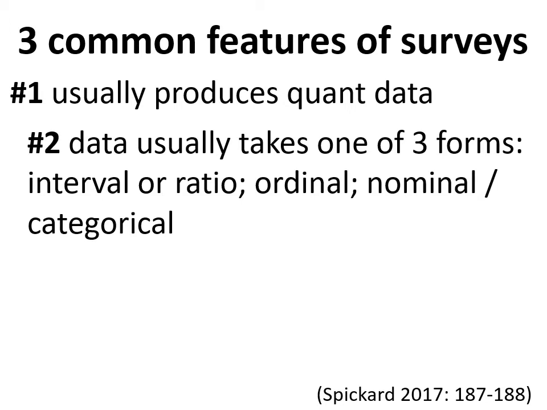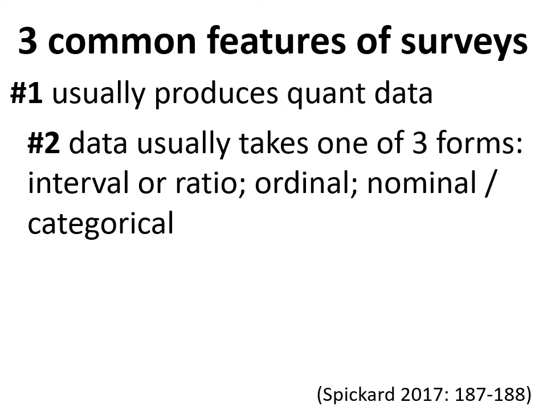You might also ask people in a survey to rank, from these 5 items, rank them from 1 to 5, with 1 being the most important feature that you look for in a pet dog, for instance.